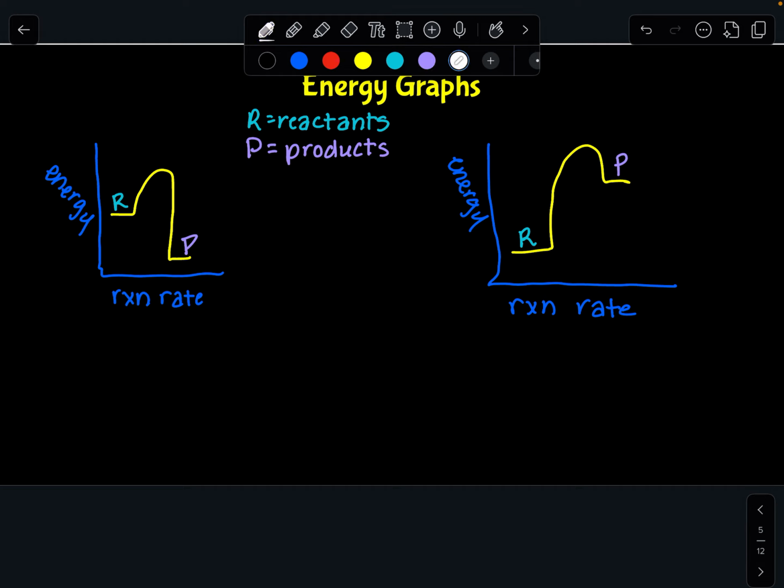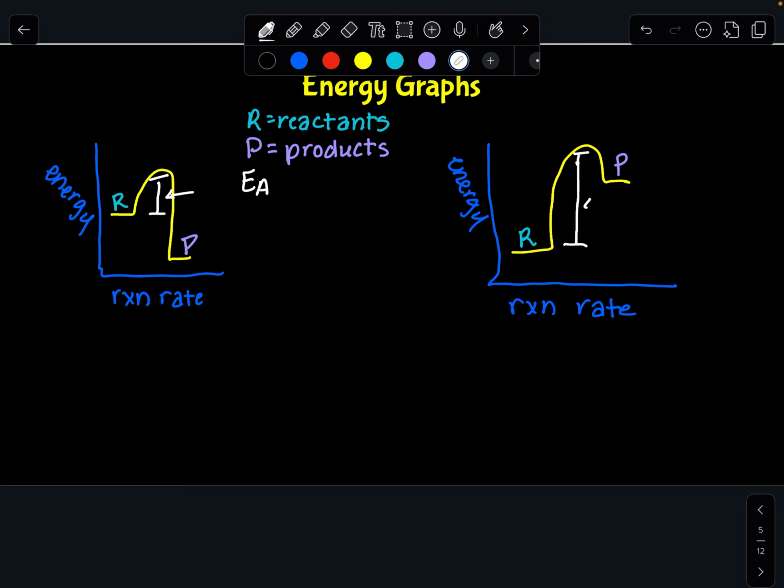And then you'll have this little bar here. And we call that EA, or activation energy. It spans the distance between the energy level of the reactants all the way to the top of the hill.